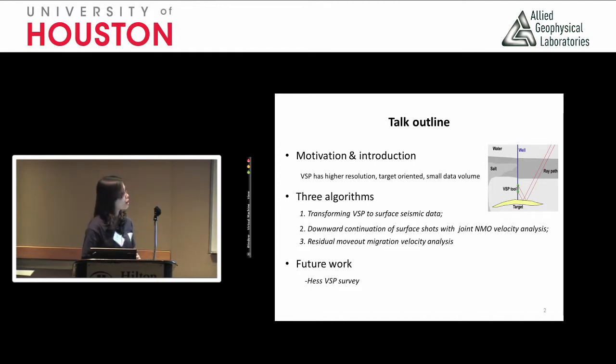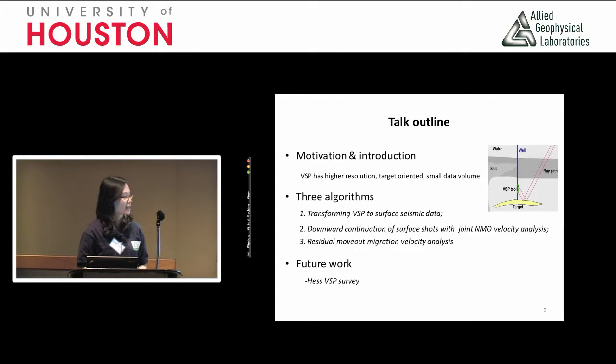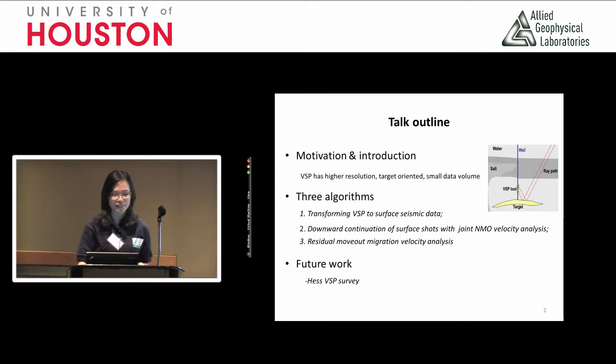These three algorithms are a summary of what I did for the last three years of my PhD study. I chose these three representative algorithms and coded them. For future work, we will apply those algorithms on a VSP survey and try to extend these algorithms.